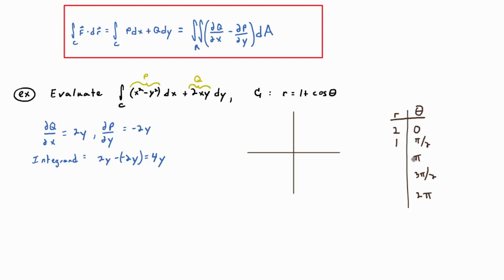Plug in pi, what do you get? 0. We actually have enough to graph it right now if you remember that it's going to be symmetric with the polar or x-axis. But let's say you don't remember that. So plug in 3 pi over 2, cosine of 3 pi over 2 is 0, so you just get plus 1 again. 2 pi, you get the same thing you'd get if you plugged in 0, so 2.